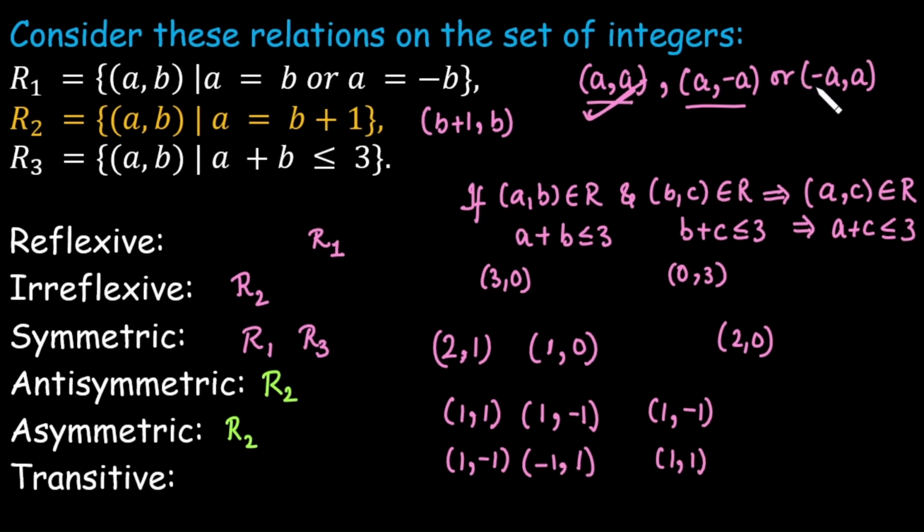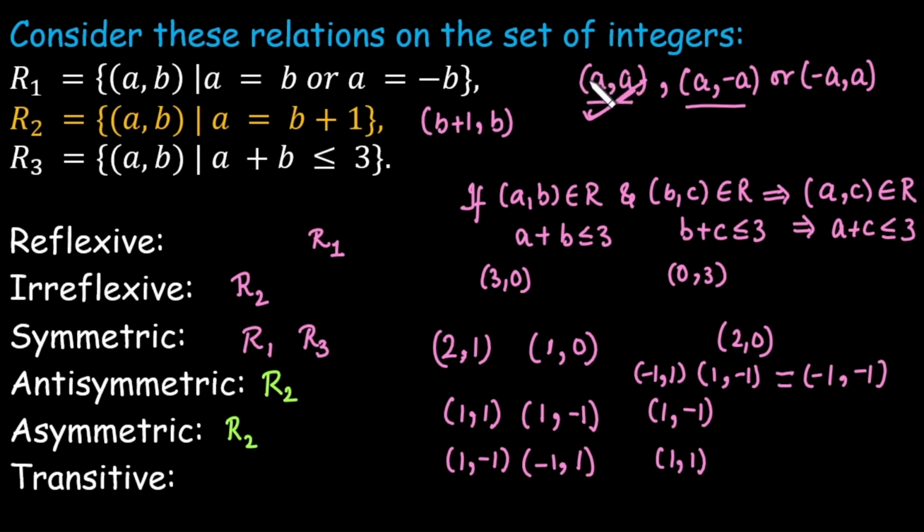Now if I am picking any element of this form, let it be minus 1, 1. So we need to fix the value of B, 1. The options are maybe negative 1 or 1. If I am taking negative 1, this is equal to minus 1, minus 1. Is it there? Yes, it is there.